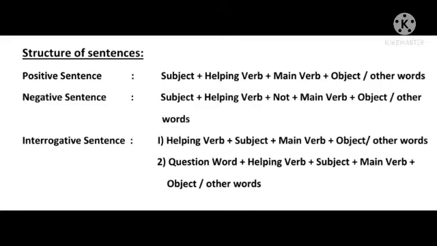And if the sentence is a WH type question, in that case, we have to put the question word before the helping verb. And now the structure will be question word, then helping verb, then subject, main verb, and then objects and other words. And if the sentence is interrogative negative, again we have to place not before the main verb.